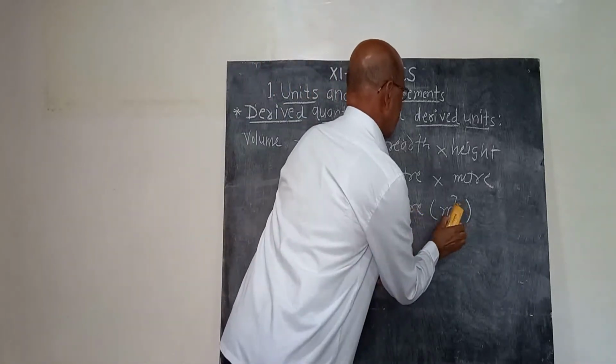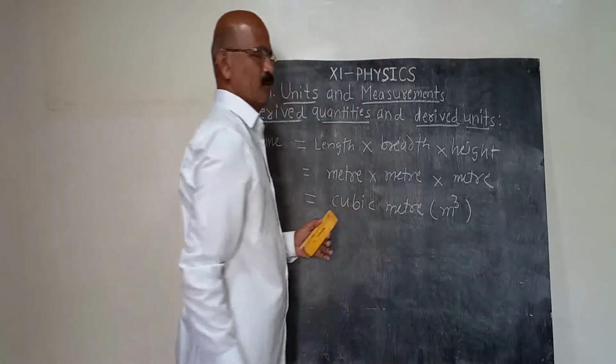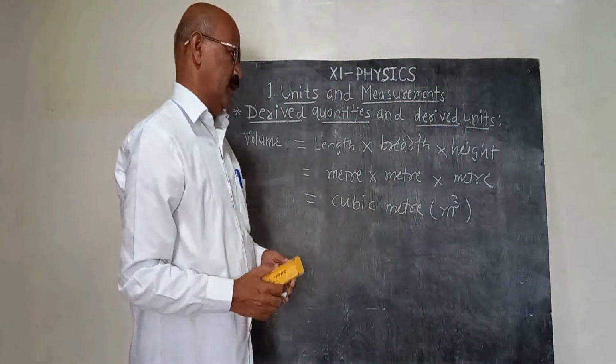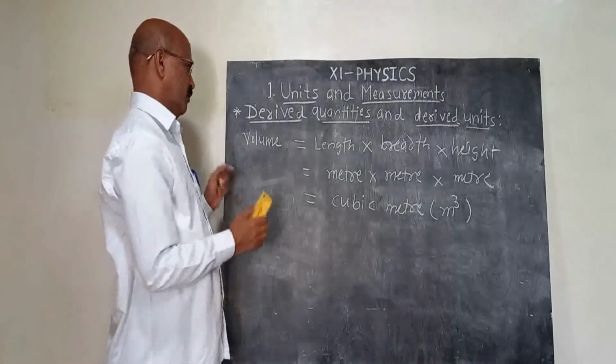Symbolically, it is represented as m raised to 3. So this is the SI unit of volume.